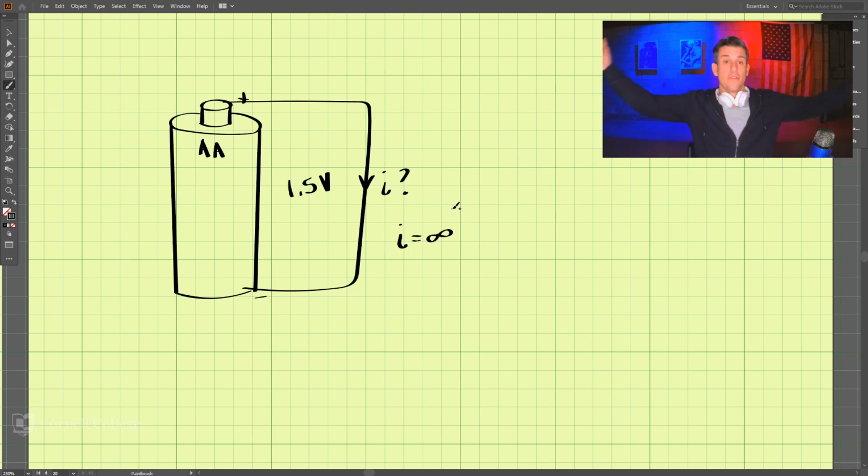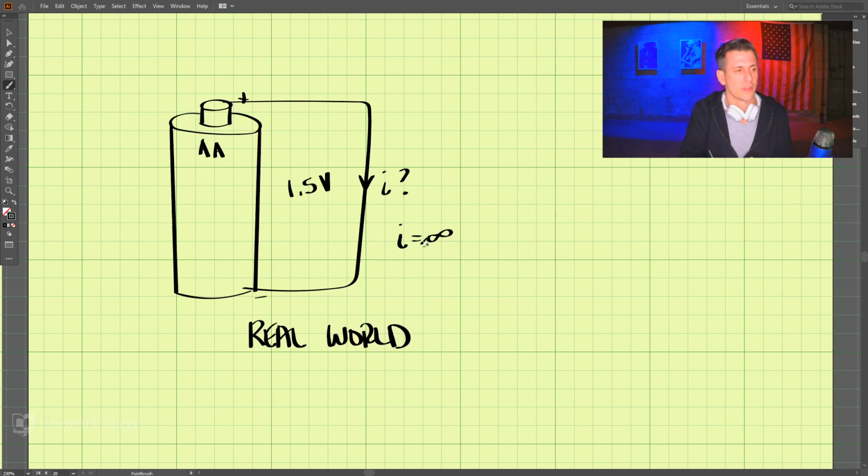It's very, very big, if we just connect two wires here. But our battery is not that powerful, okay? So in the real world, we don't actually get that out of there.